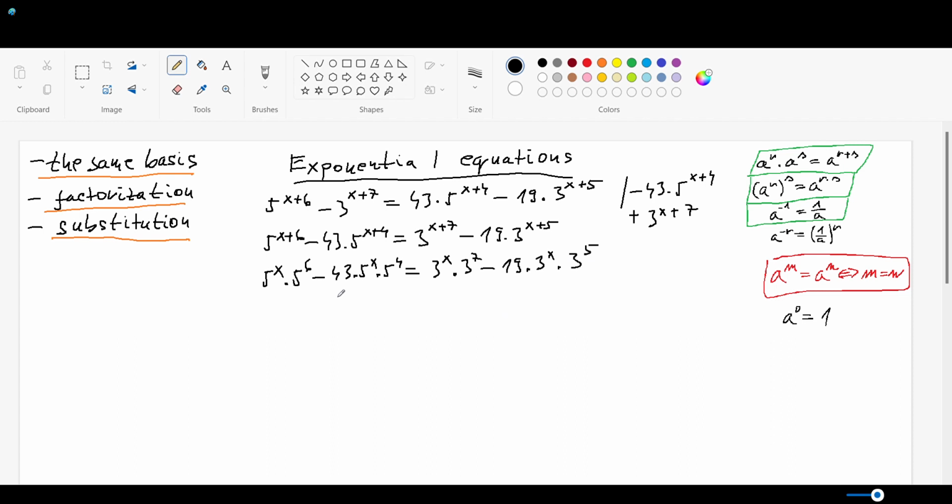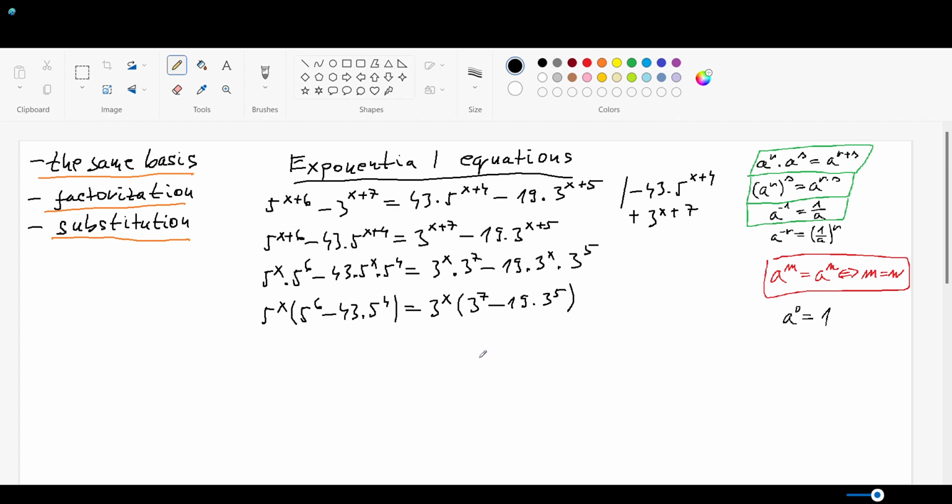Now, as we always do, also with a linear equation, we try to isolate the x's. So it's going to be 5 to the power of x times 5 to the power of 6, take away 43 times 5 to the power of 4, is equal to 3 to the power of x times 3 to the power of 7, take away 19 times 3 to the power of 5.